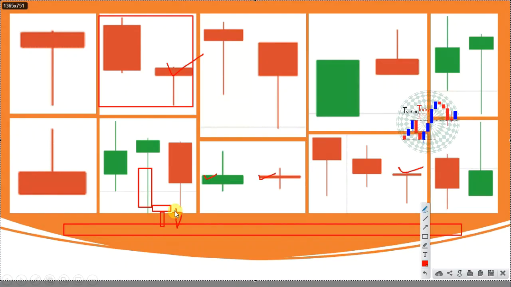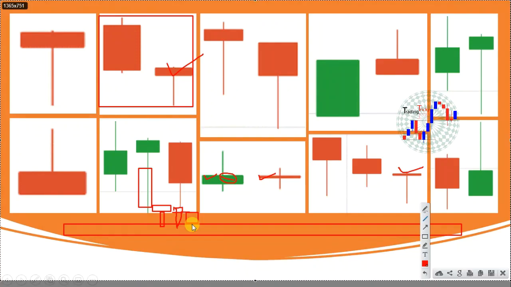So if it again closes here with a small green candle, like it's a green candle closing here with rejection, then the next candle will be a red candle up to this level at least. And if this candle has upper side rejections, then the next candle will be a green candle.